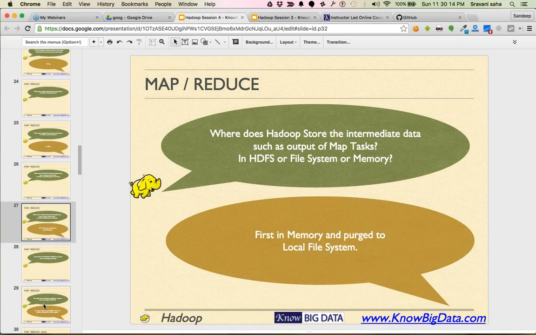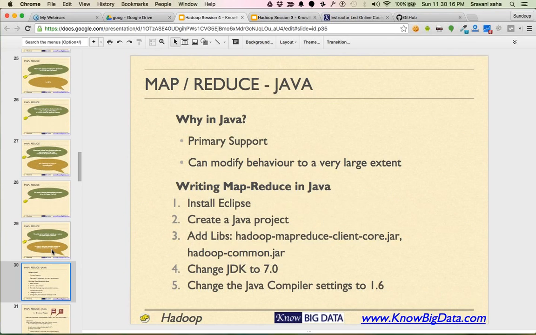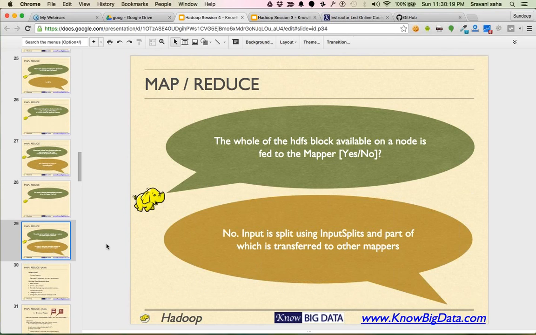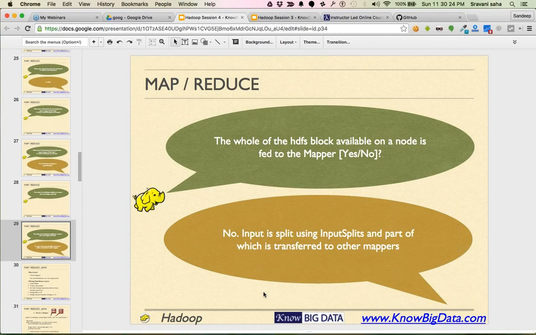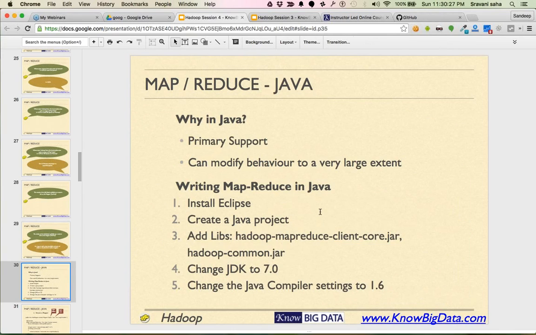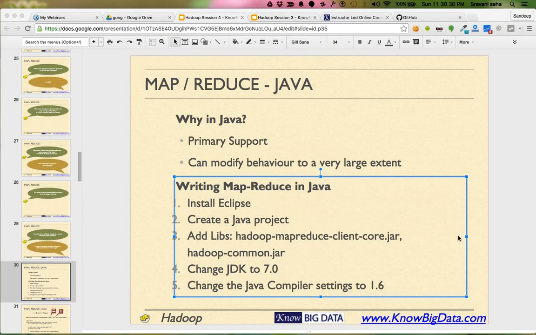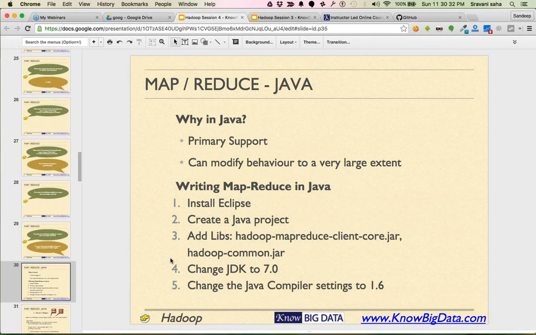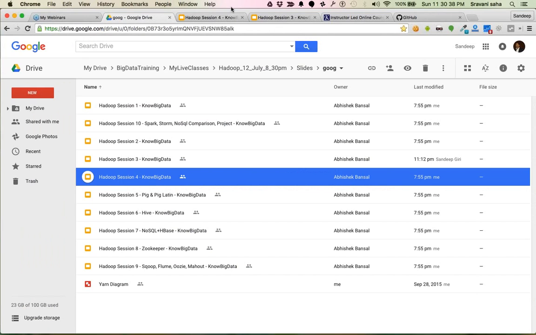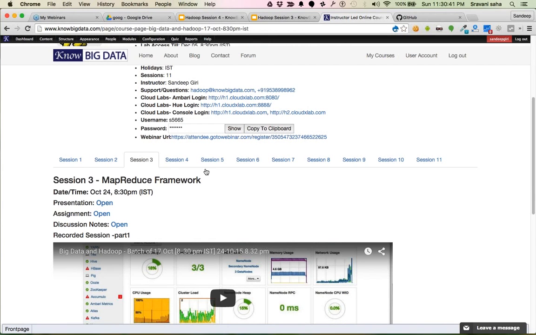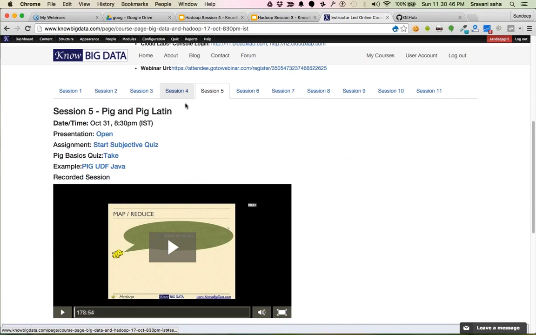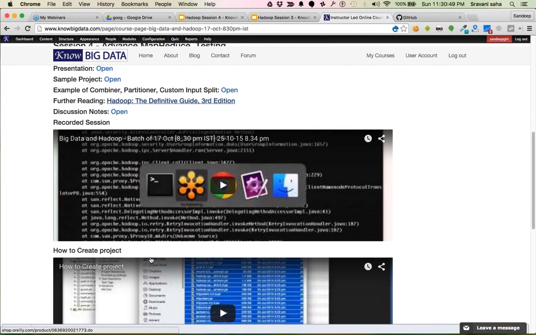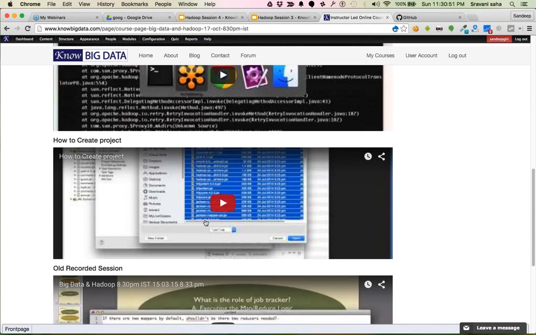All right, now moving ahead. This part we will discuss now is how to split, but before that we will discuss MapReduce in Java. Those who are curious right now, have a look at this Java project, in which I have put the way to create the project.